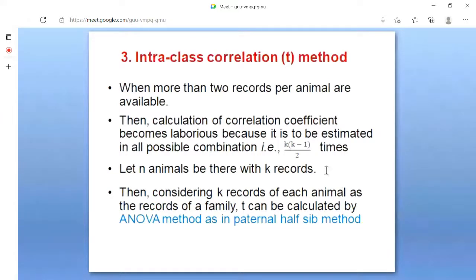When more than 2 records per animal are available, calculation of the correlation coefficient becomes laborious because it has to be estimated in all possible combinations.